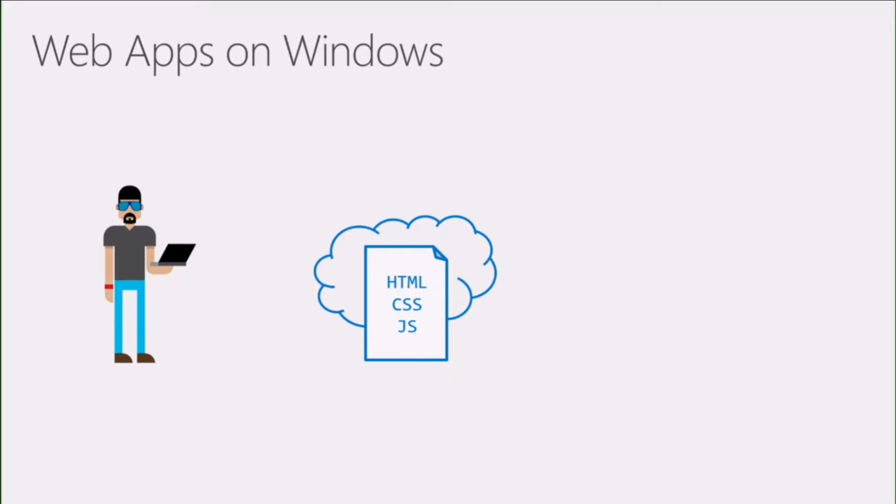What is a hosted web app? Well, if you're writing a website, you start as a developer with your HTML, CSS, and JavaScript code hosted somewhere on a server. It doesn't have to be an external server. It can be internal. But it's your HTML, CSS, your JavaScript code, and your other resources like images, any libraries you're loading or services you're using.